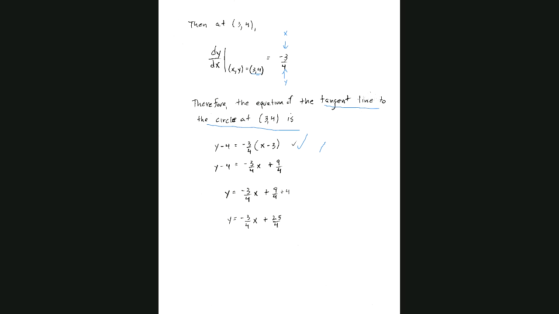Naturally, we use the point slope form of a line, y minus y naught equals m times x minus x naught. The slope is negative 3/4, and 3, 4 is the coordinate we're using.